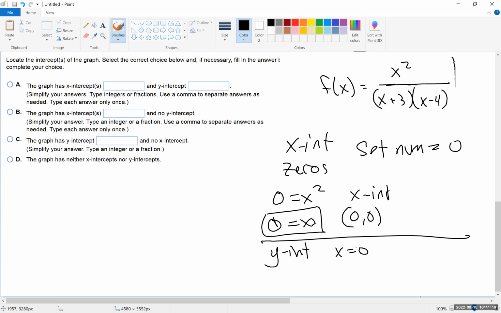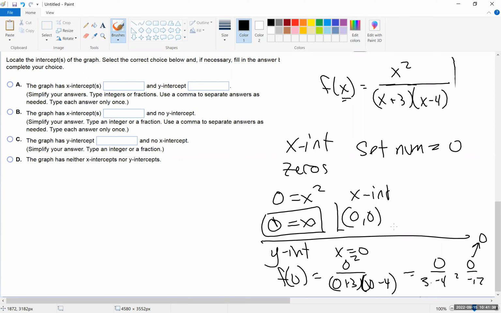So if you plug 0 into the function, everywhere you see x, you write 0. f of 0 is 0 squared divided by 0 plus 3 times 0 minus 4. Of course, 0 divided by something that's not 0 is 0. That's 0 divided by 3 times negative 4, which is 0 over negative 12, which is 0. The x and y-intercept is 0, 0.